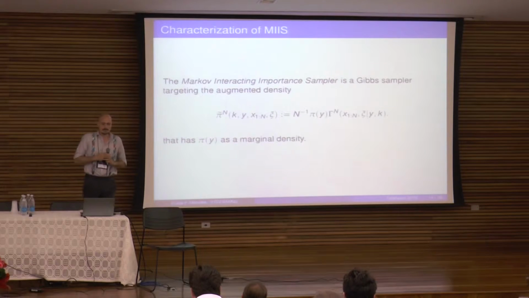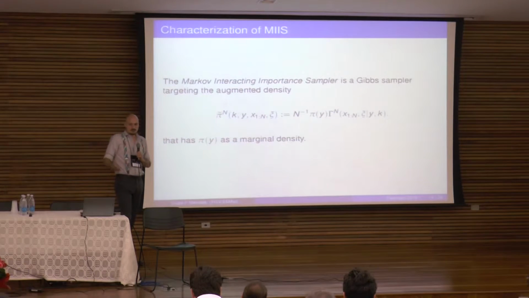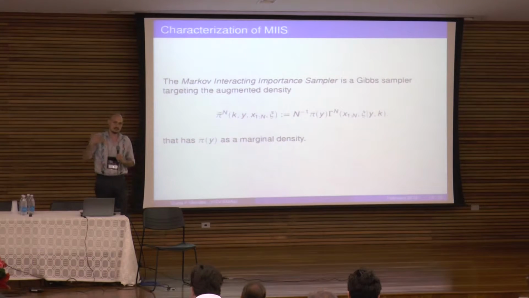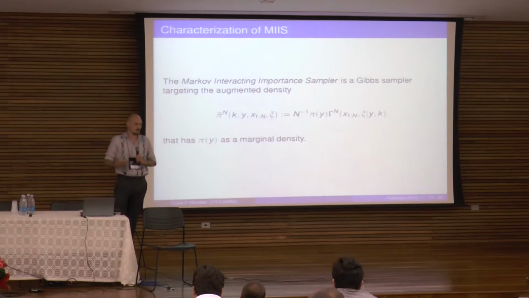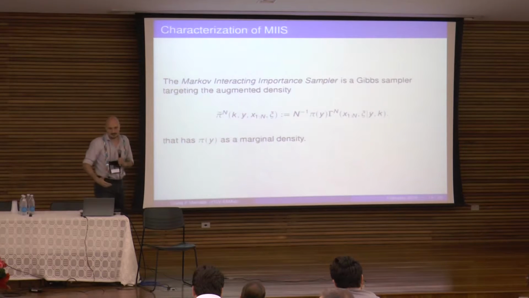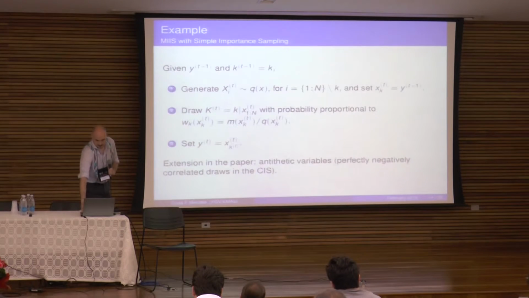Okay, the Markov interacting importance sampler, as I said, is a Gibbs sampler targeting the augmented density I had originally. So it's a very straightforward Gibbs sampler. So that's what I said. It's not an alternative to Metropolis Hastings. It's just a way to look at it. That may be useful in some settings, and we hope it is.